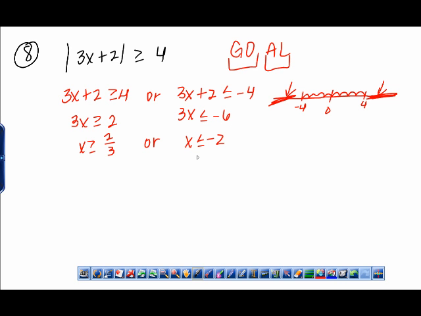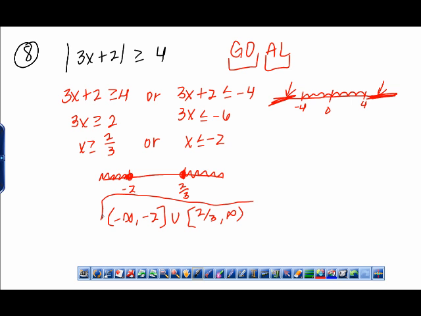If you want to draw a number line, you can. Less than or equal to negative 2 would be all of this. Greater than or equal to 2/3 would be all of this. So we have negative infinity to negative 2, bracket, union, bracket, 2/3 to infinity. And I'm using brackets because of the or equal to part of my original inequality.